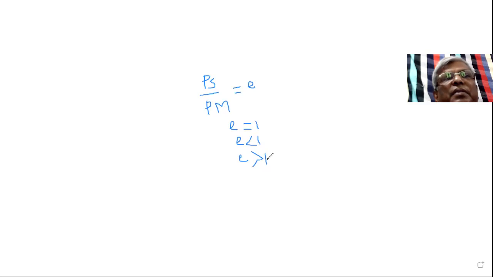We are discussing the trichotomy concept. Trichotomy means if there are two things, suppose here PS and PM, then three cases may exist. Either the ratio is equal to 1, greater than 1, or less than 1.